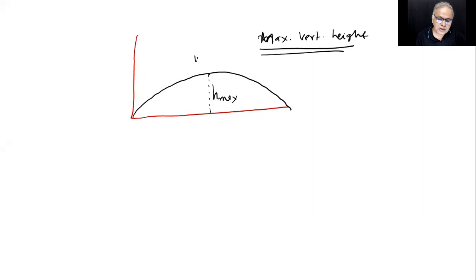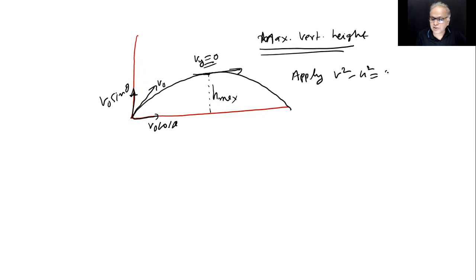So at this point, what velocity was 0? V in the y direction was 0. This was our total V. This is our V0 cos theta. This is our V0 sine theta. So at this point, this velocity is there, but this was 0. So apply v square minus u square equals 2as. So 0 square minus u square, V0 sine theta whole square, equals 2 into minus g into H max.